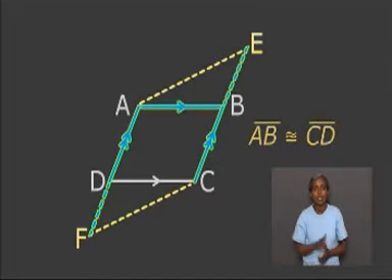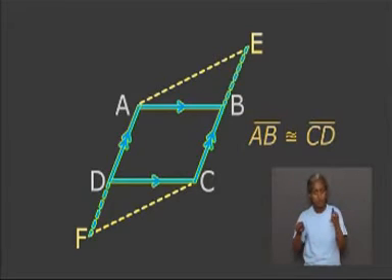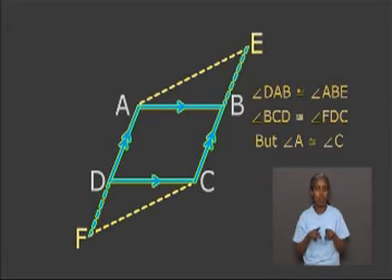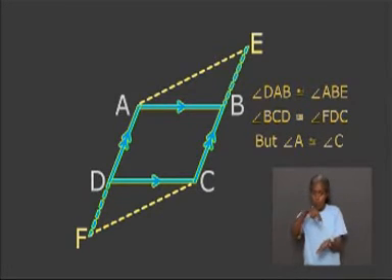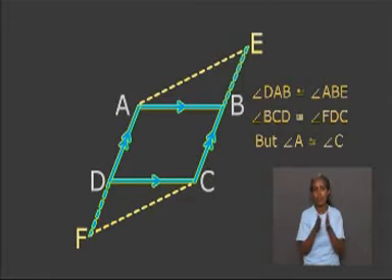Line segment AB must be congruent to line segment CD as we are dealing with a parallelogram. The corner angles are congruent because their constituent lines are parallel.